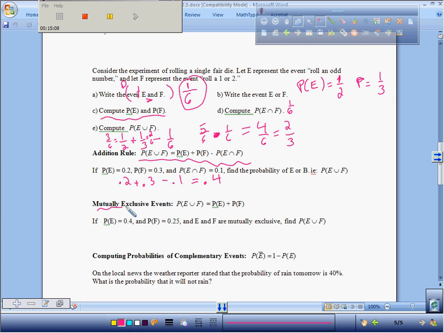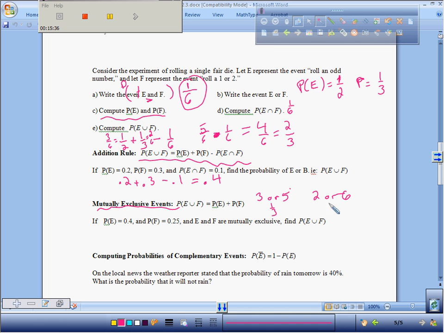If they are mutually exclusive, meaning they can only happen independently, like say rolling a 3 or a 5, or a 2 or a 6, then you just add those two probabilities together. If you had a 3 or 5, the probability would be 2 out of 6, or 1/3.